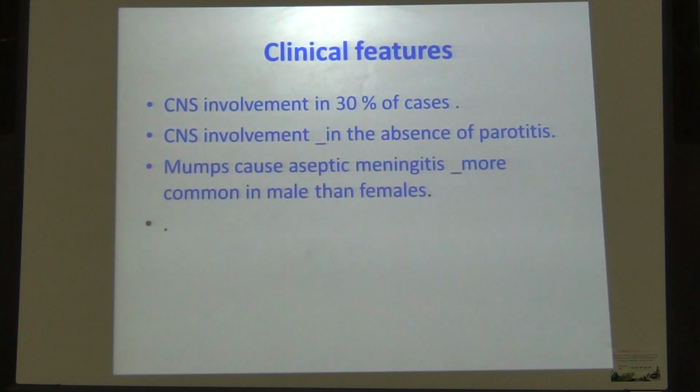One of the causes of aseptic meningitis is mumps. Other viruses, such as coxsackievirus and echovirus, also cause aseptic meningitis. This is more common in males than in females.